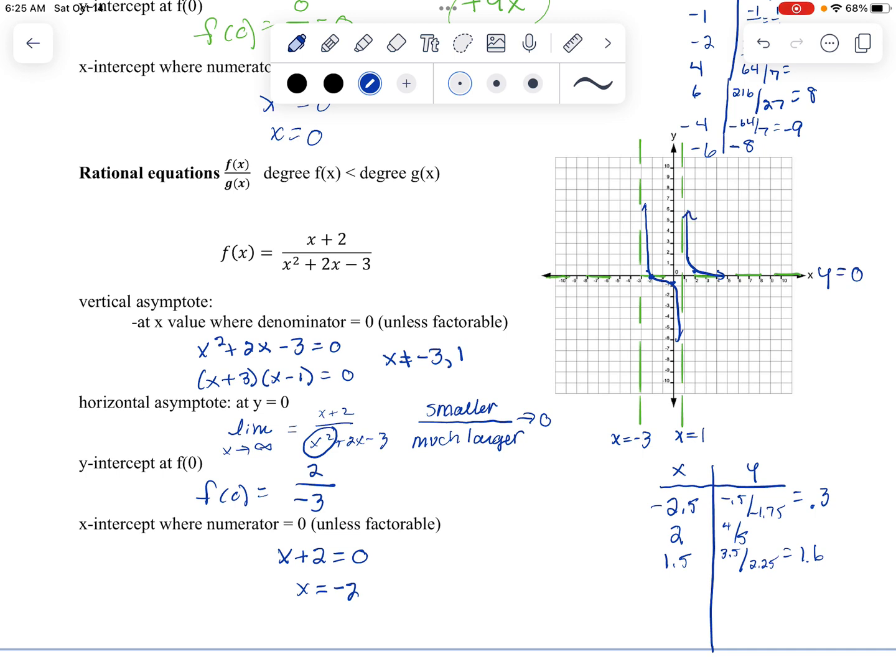And then I'll try on the left side. So my asymptote is at -3. So I'd probably try -4. -4 plus 2 in the numerator is going to be -2. In the denominator, -4 squared is 16. Minus 8 minus 3 gives me 5. So -2/5 at -4.